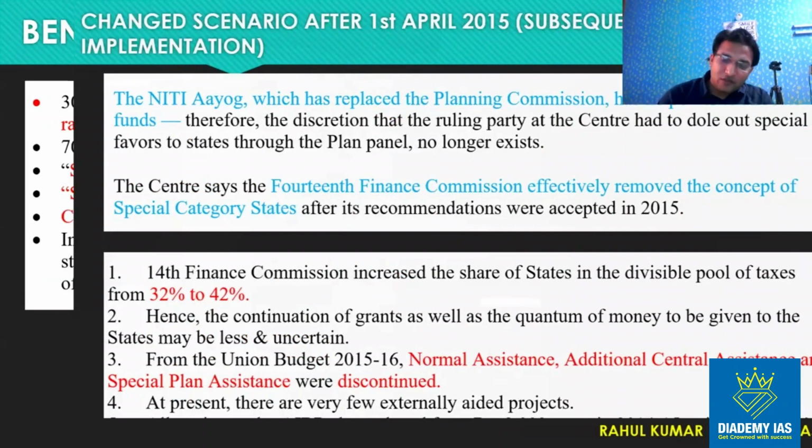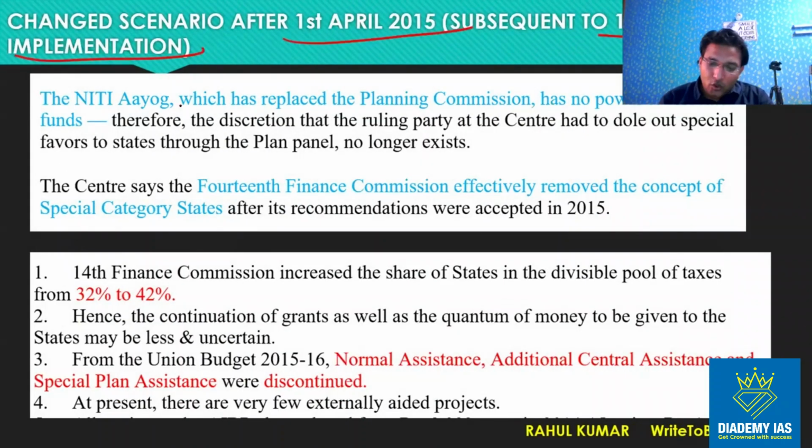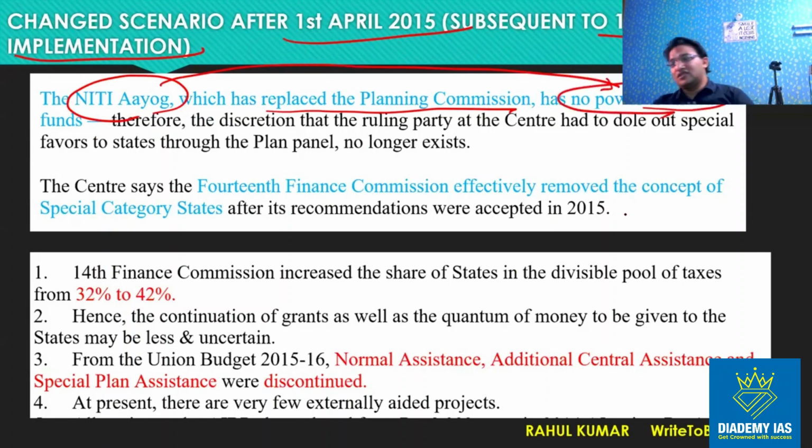After the 1st of April 2015, subsequent to the Finance Commission recommendation, the Niti Aayog replaced the Planning Commission. The Planning Commission had the power to allocate the fund, but Niti Aayog has no power to allocate the fund. Right? So this is also supposed to be a reason.